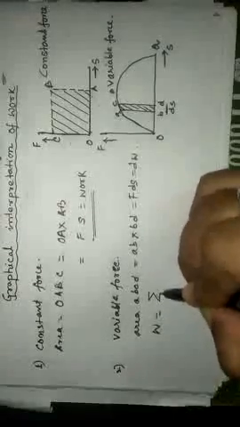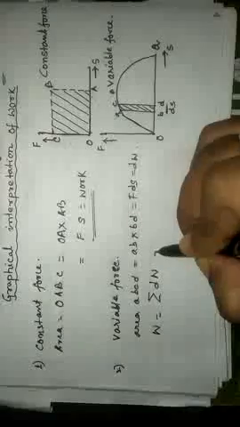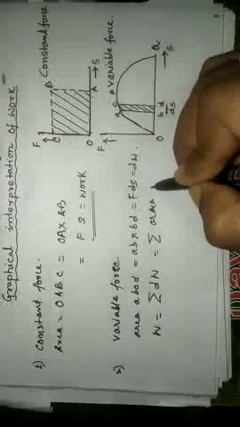Now the net work done for the entire space, W, is given by W equal to summation of dW. And what is the summation of dW? It is the summation of the areas ABCD, the whole curve.